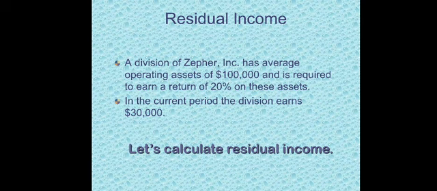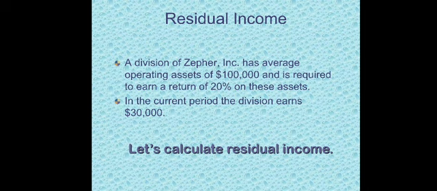In this example, the required rate of return is 20%. That is the rate set by the company. In the current period, the division earns a profit of 30,000.